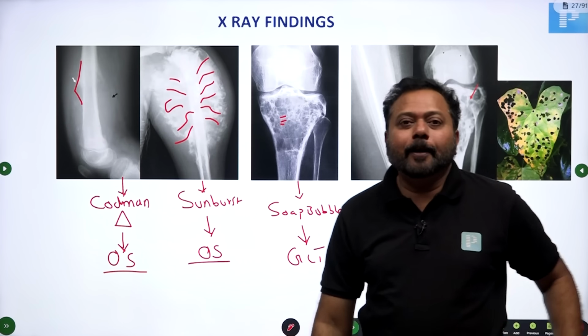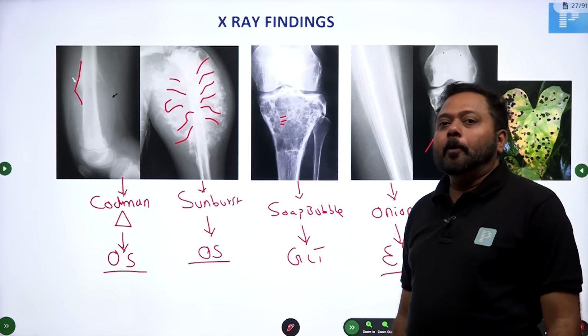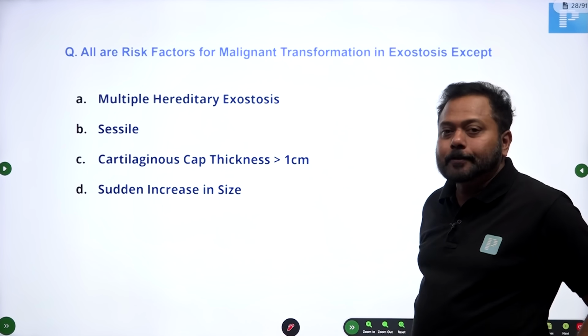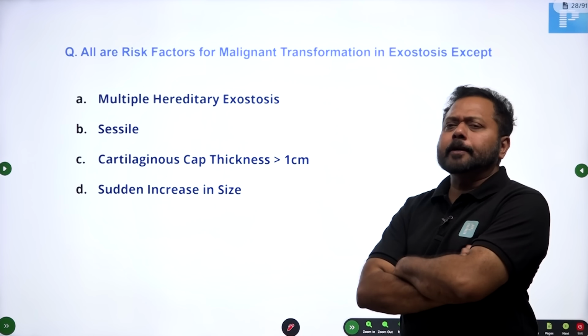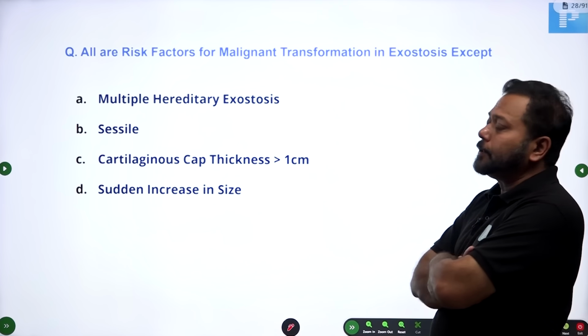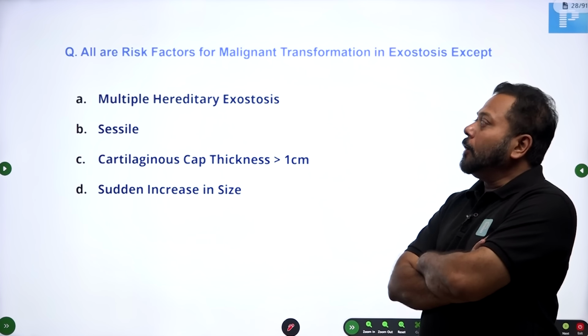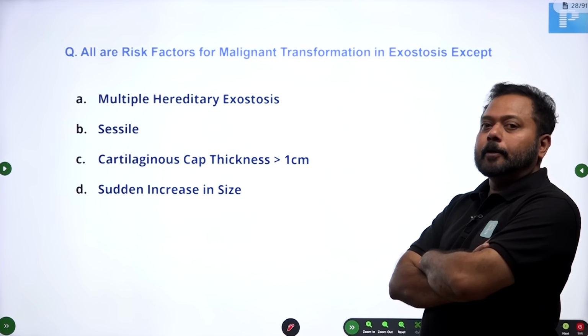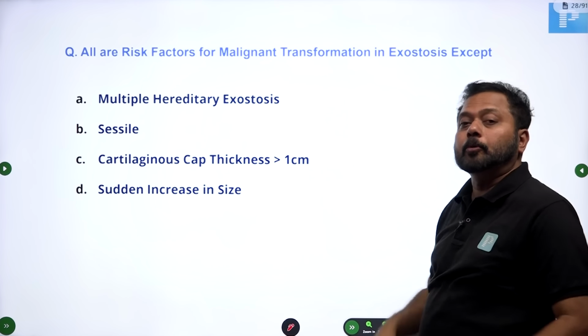Okay. So in short, we have completed very important X-ray appearance of the malignant tumors. We'll move on to the next question. All are risk factors for malignant transformation in exostosis except. This is a very important question.